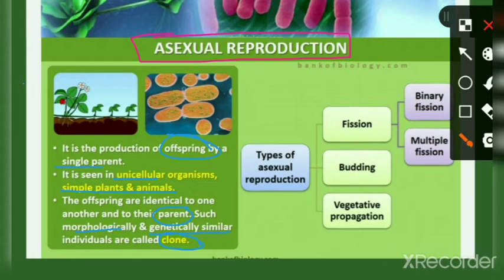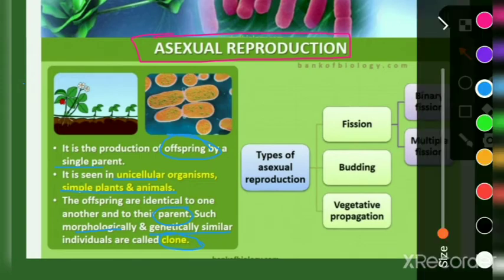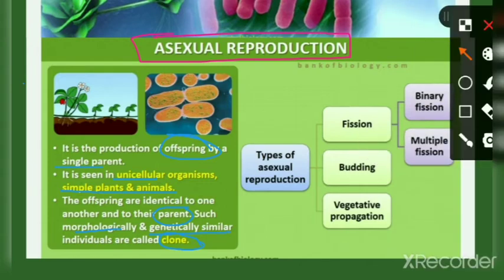Now we study the types of asexual reproduction. Asexual reproduction is of three types: one is fission, another is budding, and the third one is vegetative propagation.